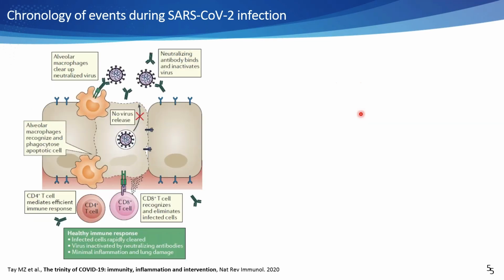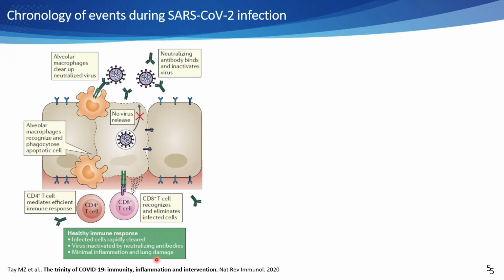In a good, healthy immune response, the macrophages would, for example, rapidly clear infected cells. Macrophages could also neutralize the virus, using, for example, neutralizing antibodies to block the infectivity of the virus. And if everything is okay, it would lead to minimal inflammation and no cleavage.